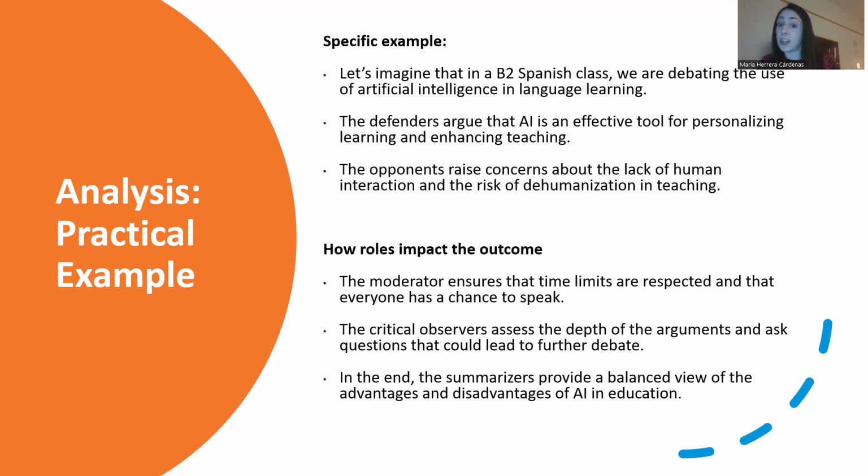Then the critical observers will assess the depth of the arguments by asking questions that could lead to further debate. And lastly, the summarizers will provide a more balanced view of the advantages and disadvantages of AI in education.